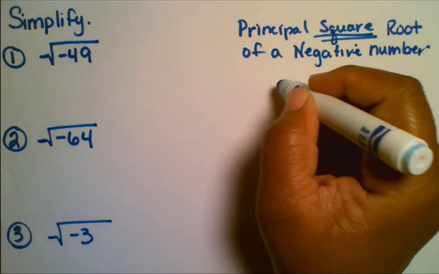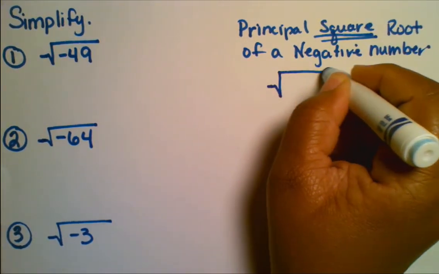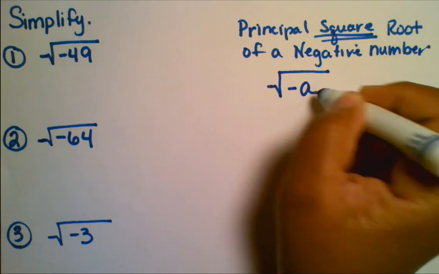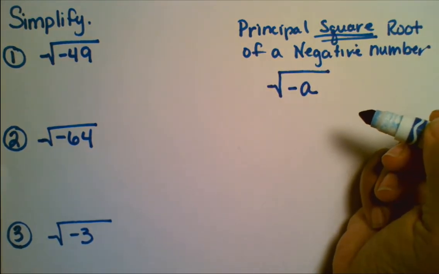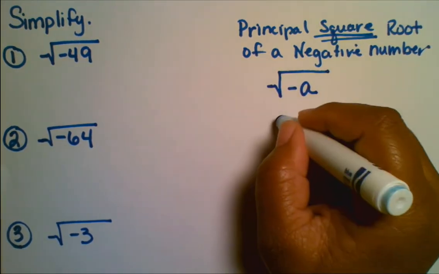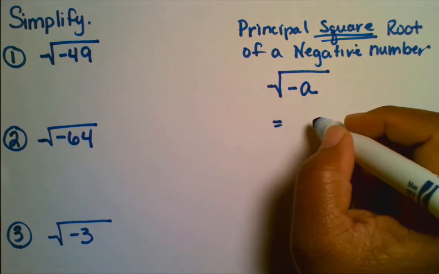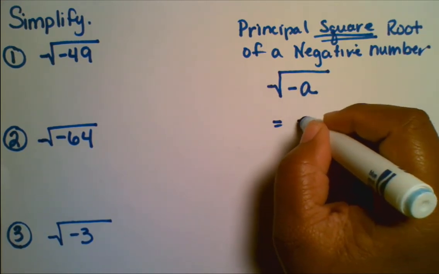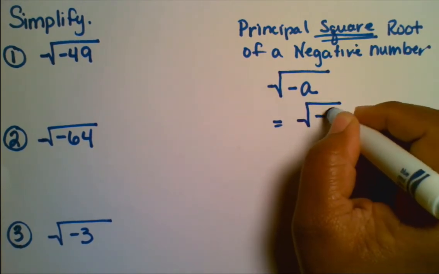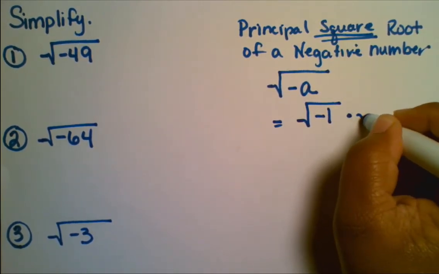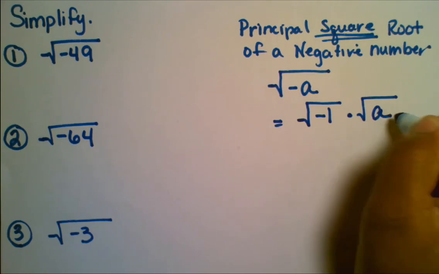It says that we have an index of 2 and the radicand is negative. What we're able to do now is take out that negative 1 factor from the radicand. So we're going to write this as two separate radicals, the square root of negative 1 times the square root of a.